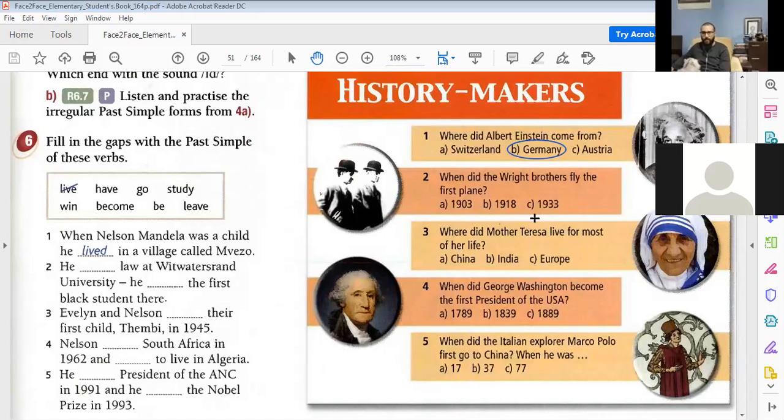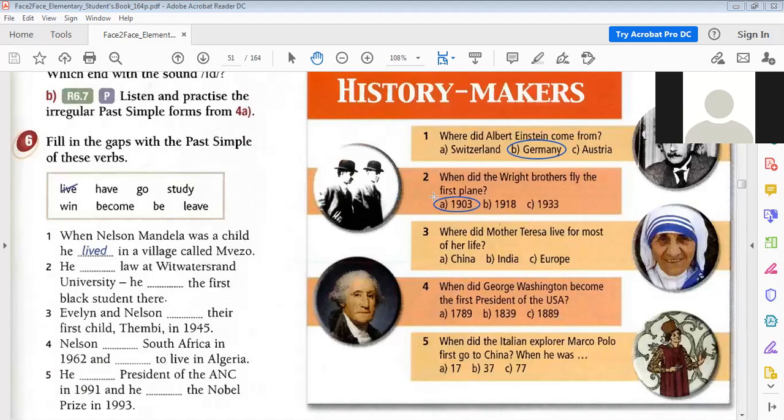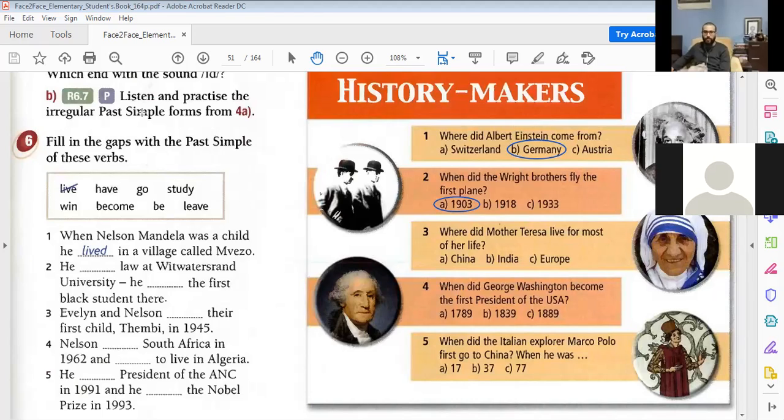Okay. All right. Now, in number two, it says, when did the Wright brothers fly the first plane? 1903? What do you think, Basma? Do you think that's right? I don't know. Maybe Manal is right. Rana, can you make a guess?